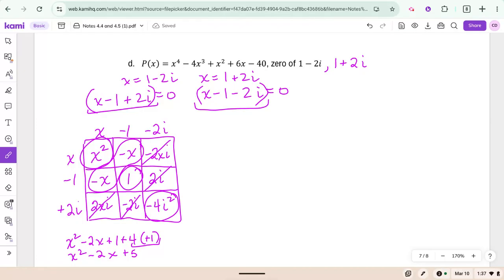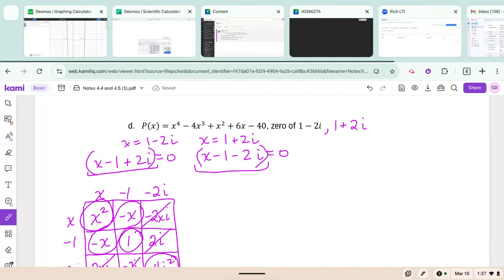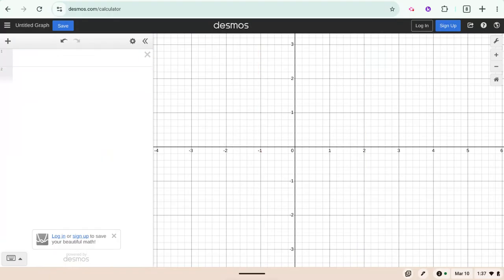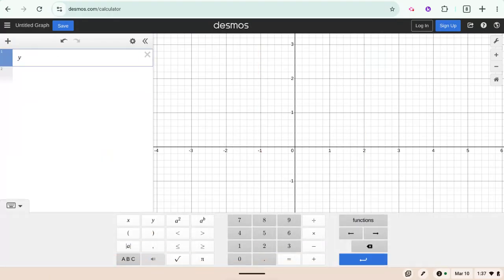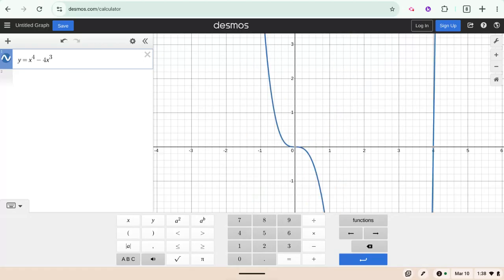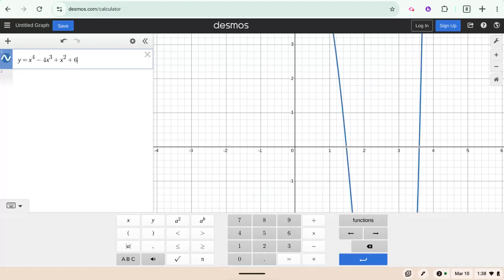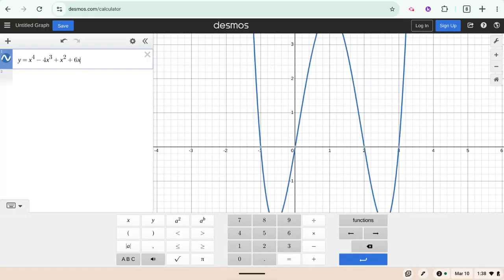Once again, I'm going to use my calculator just to help me find those other zeros a little bit quicker. So y equals x to the 4th minus 4x cubed plus x squared plus 6x minus 40.